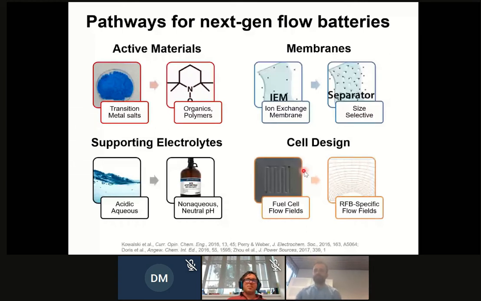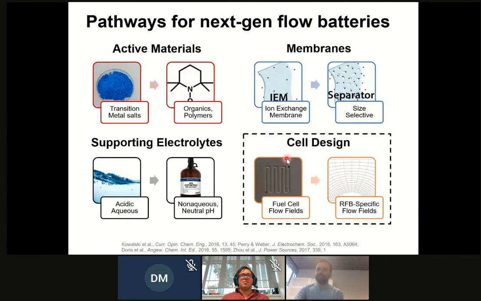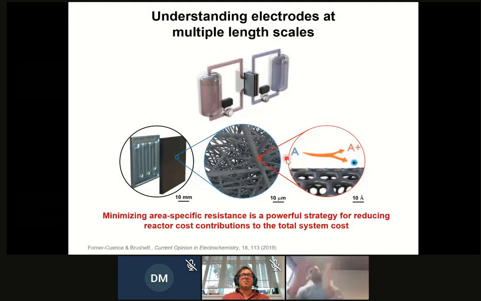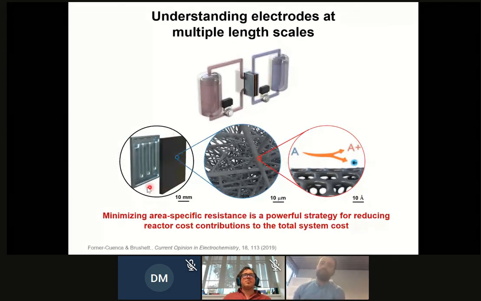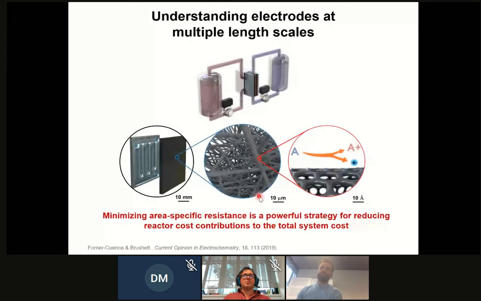And then other people, such as ourselves, and we're chemical engineers, think: how can we improve the reactor design? How can we improve mass transfer and kinetics so that we have better performance? So we focus on the electrode, and we break down the problem into different length scales. You can think about the macro scale, where you have a flow distributor and the electrode against it, and you have to minimize pressure drop and increase utilization. If you go deeper, you come into this very interesting mesoscale, and the 2 previous speakers touched upon this.